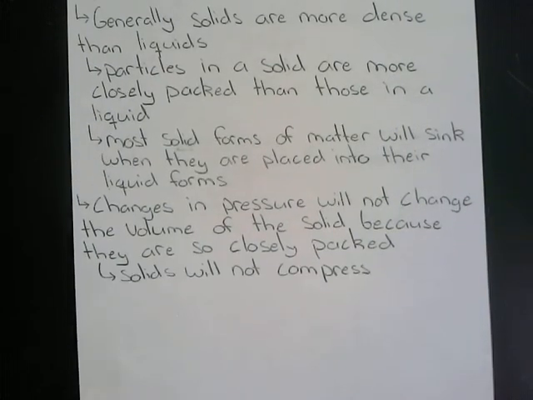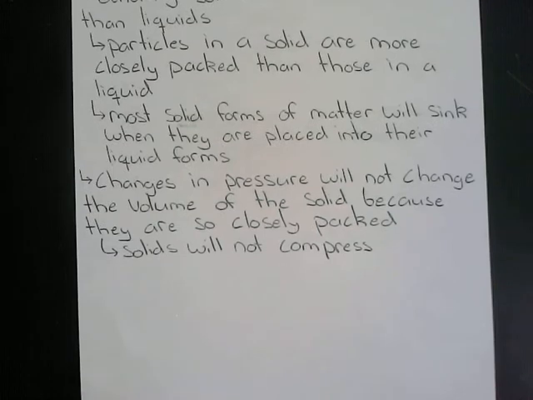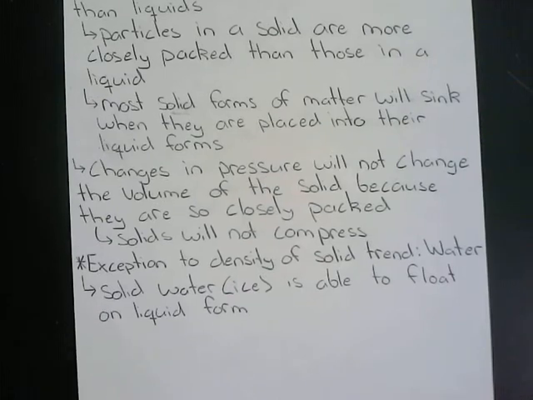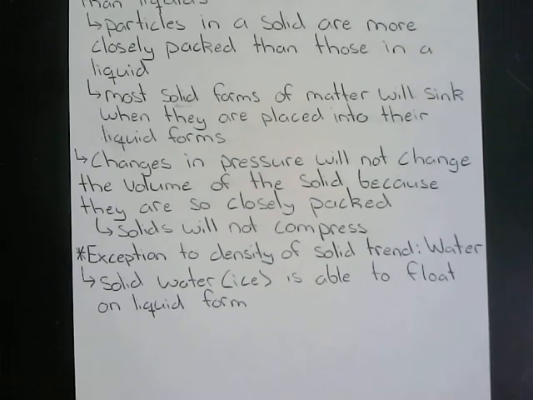Now, there's one major exception to this density trend, and that is water. In water, the ice form, which is the solid form of water, will float in the liquid form. This is because liquid water is more dense than solid water.